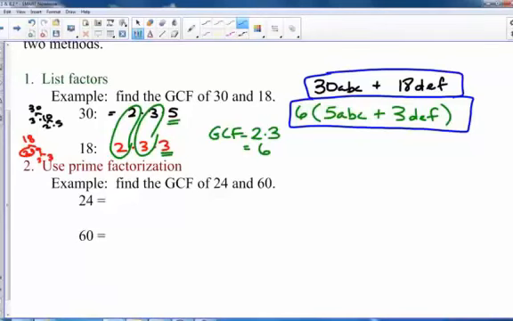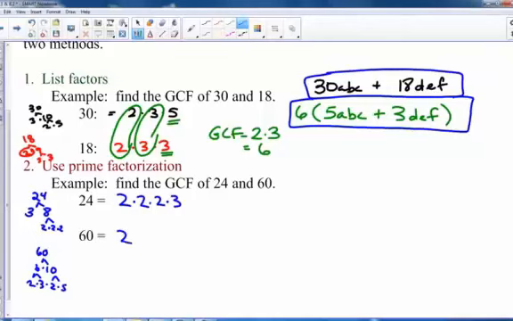So let's look at 24 and 60. So 24, we just did the prime factorization of that. We could do 2, 3, and 8. And 8 I know is 2 times 2 times 2. And 60, we did 6 and 10. So we did 2 and 3 and 2 and 5.